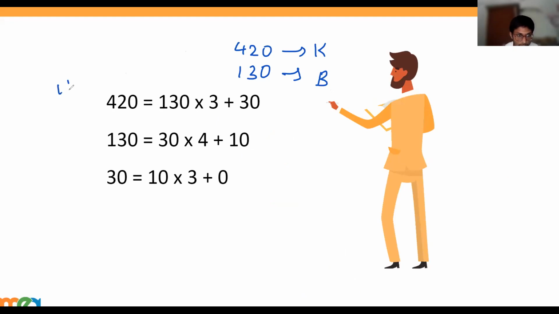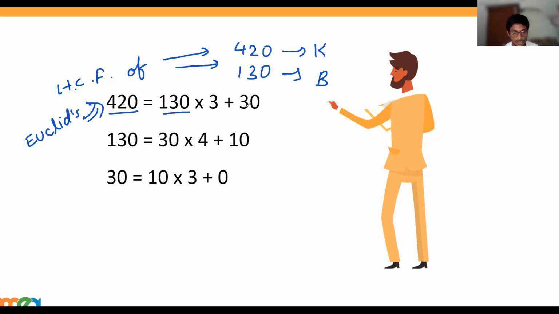Here we calculated the HCF of these two numbers using Euclid's division algorithm. This is how we'll do it. 420 is bigger than 130, so we divided 420 by 130. We got a quotient and 30 as the remainder.